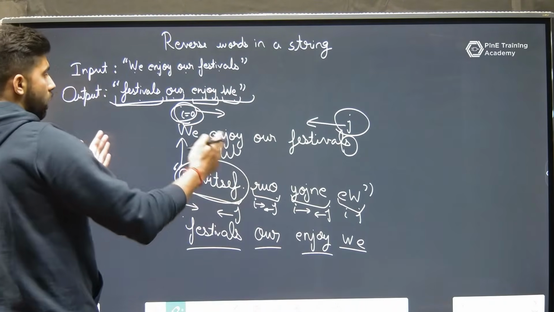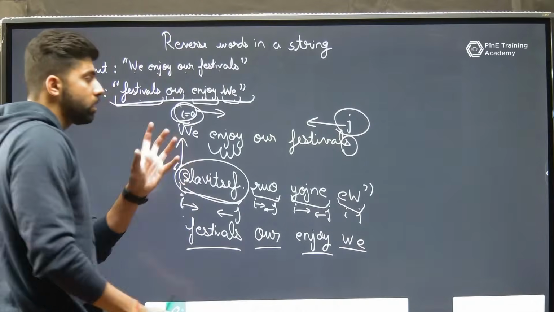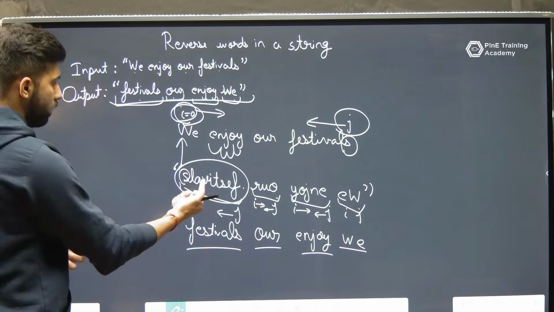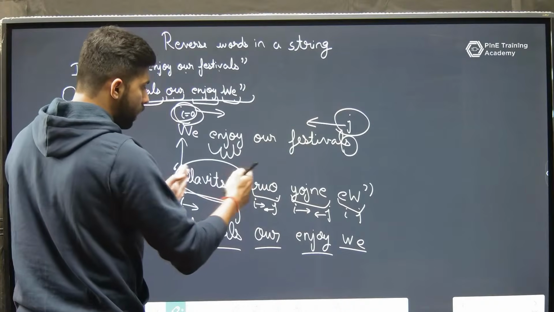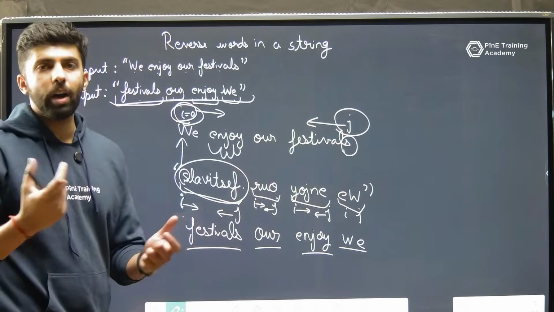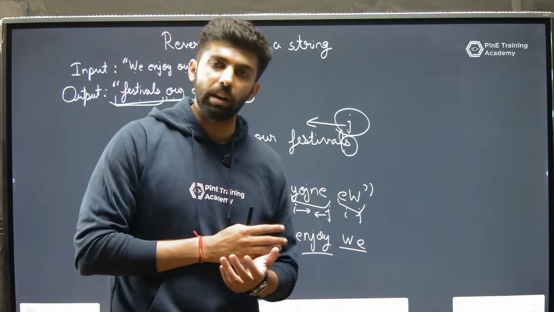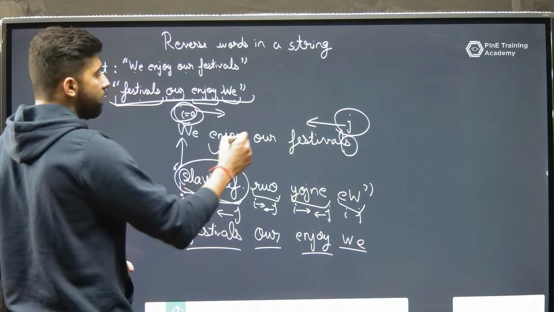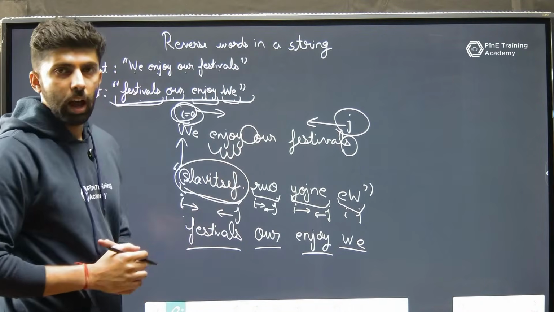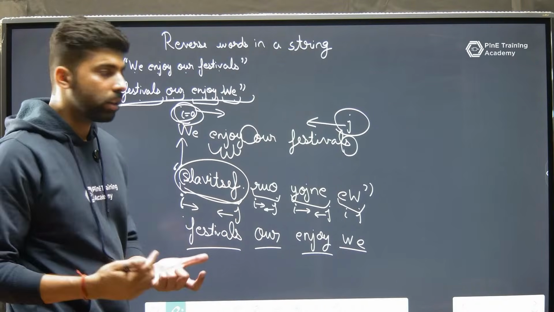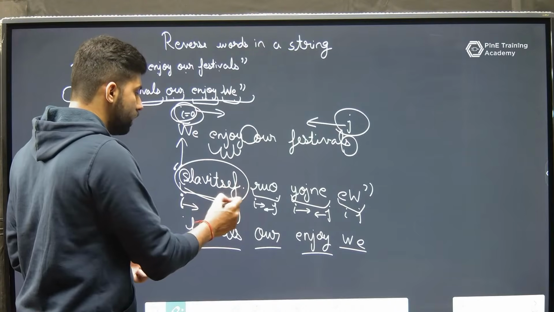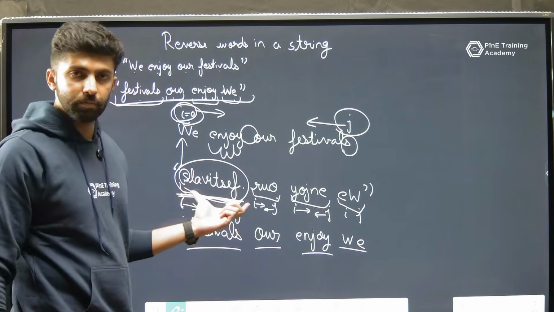So we reverse the complete string character by character, we get this part, and then we repeat the same process for individual words. Now how do you identify where the word is starting and where the word is ending? You identify with the help of space. As soon as you encounter a space after a character, you know that your word has ended, right?